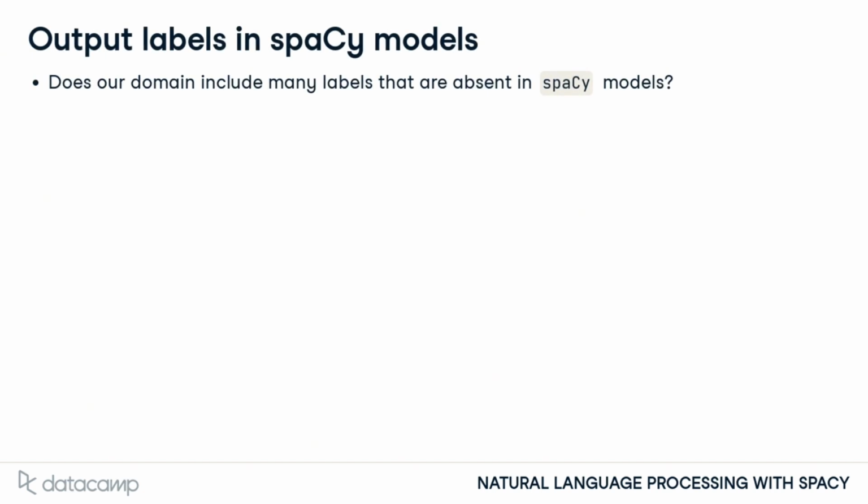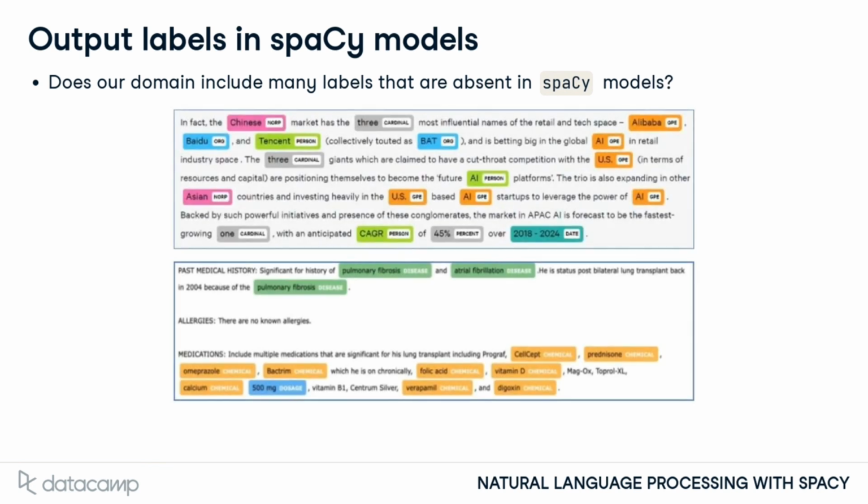Before rushing to train our own models, we also need to confirm if there are missing output labels in the existing Spacy models or not. The snapshot shows an example of NER entities on the common English domain on the top and an example of medical domain on the bottom.